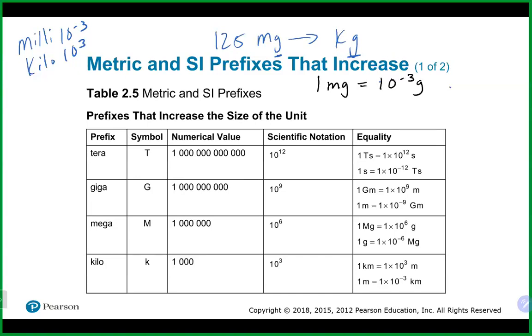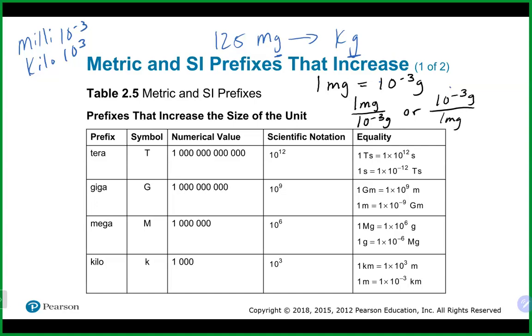That is the proper way to use that. That's our equality. And from that equality, we could have 1 milligram over 10 to the minus 3 grams as a conversion factor, or we could have 10 to the minus 3 grams over 1 milligram.